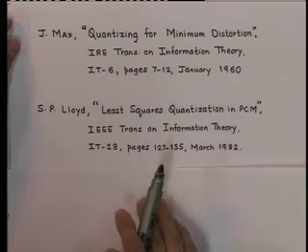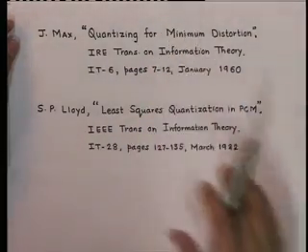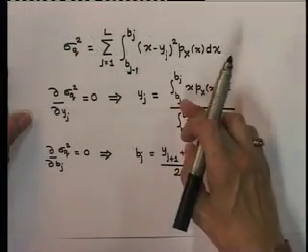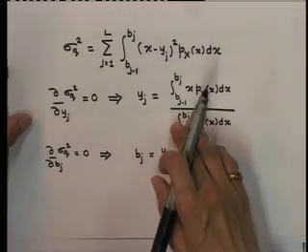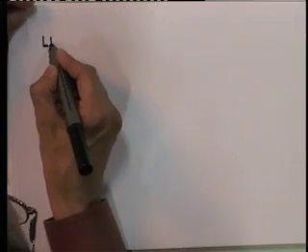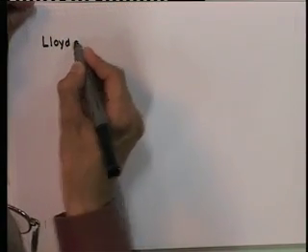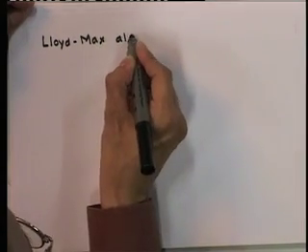So, both the approaches are the same. Therefore, the algorithm which is used to solve the two equations iteratively is known as the Lloyd-Max algorithm. So, the Lloyd-Max algorithm works as follows.